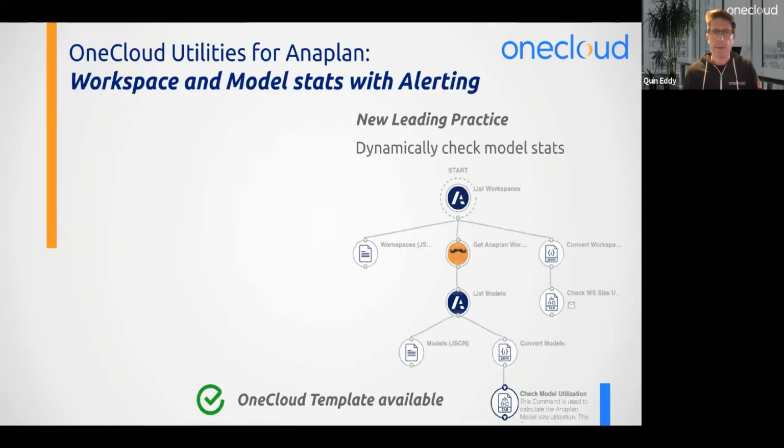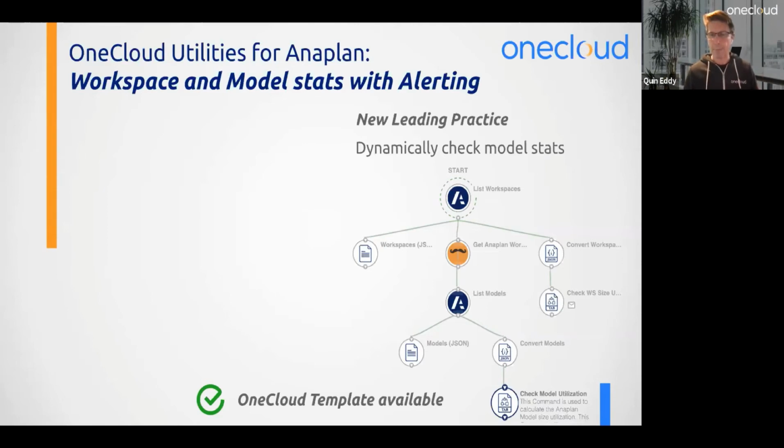The next new leading practice out there is being able to actually dynamically check the model and workspace statistics. Now, the use case behind this is, let's say, for example, you have a model and there are some limitations basically on the size that a model can be, and you want to be able to get some preemptive alerting ahead of time.